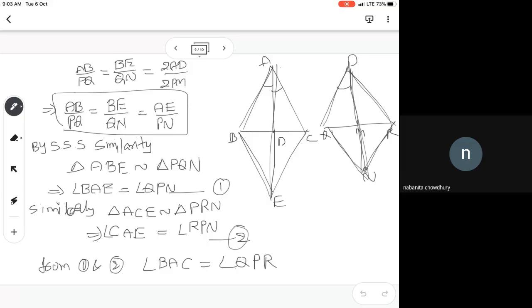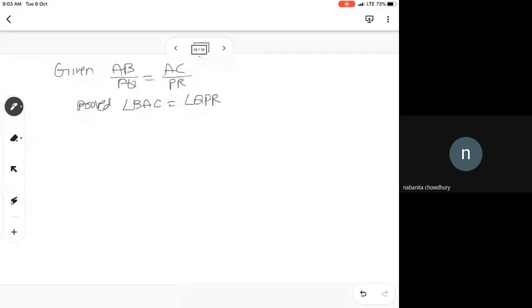So the included angle BAC is equal to angle QPR. Therefore, by SAS similarity, you can say that triangle ABC is similar to triangle PQR. This is the only problem which is very lengthy in this exercise, but it is very important also.